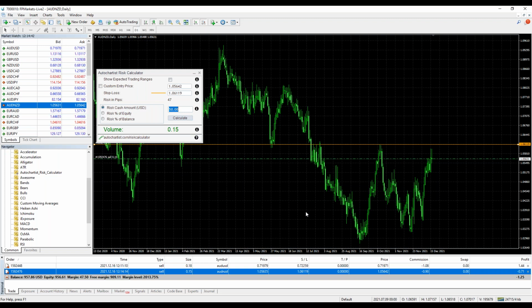But in both cases, I've only risked $50. Now, of course, sometimes your stop loss might not get hit exactly if it does go the wrong way because there's market slippage, there's market gaps. But certainly the $50 is indicative of the kind of risk that you're running on each of these trades.